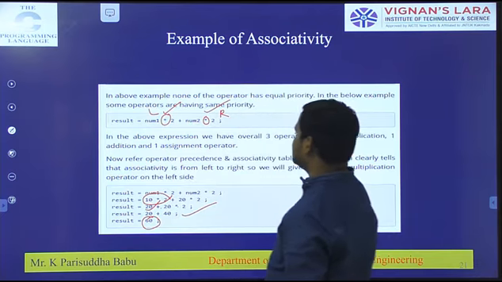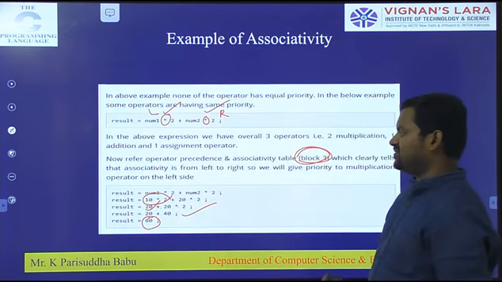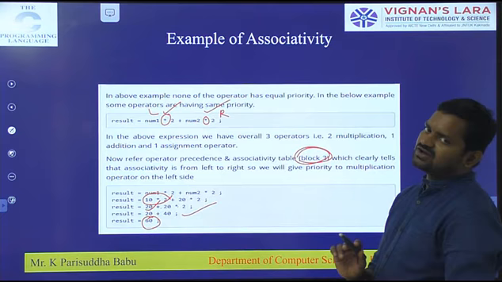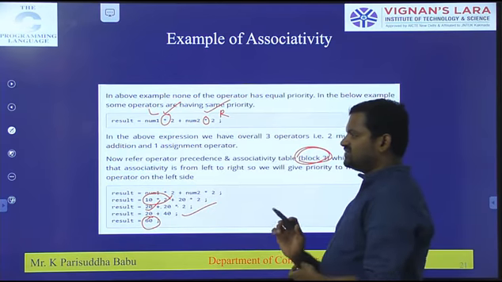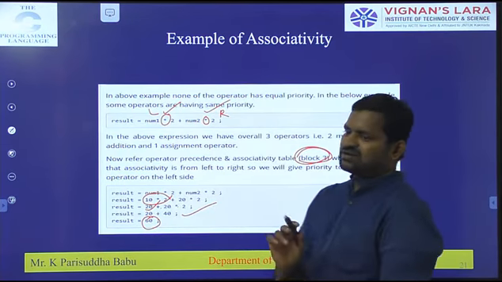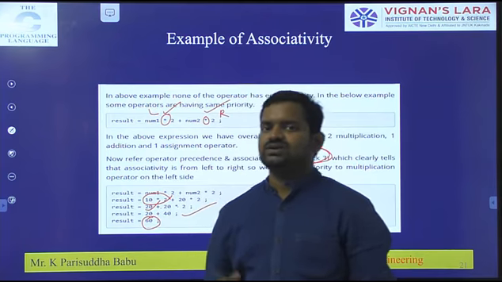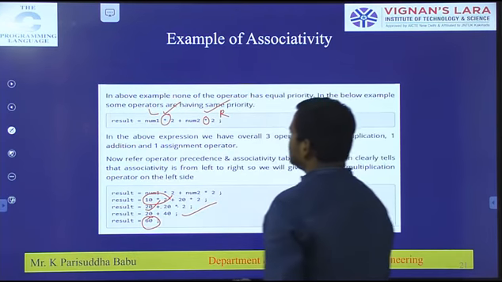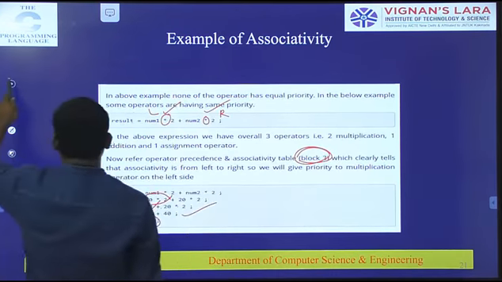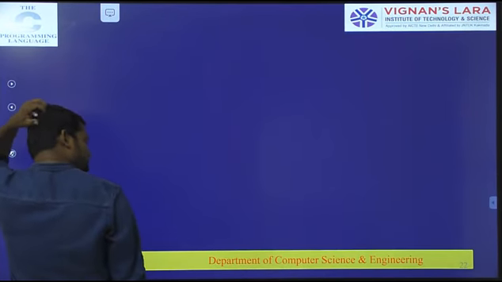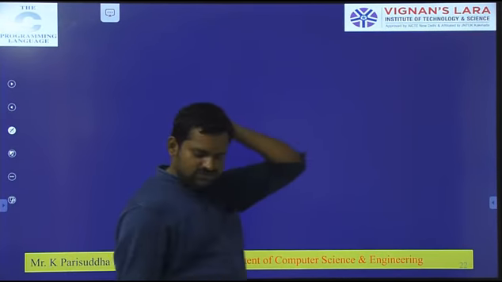Likewise, the evaluation is done with the help of priority and associativity, which is already given in the definition of the compiler. These are different examples of the associativity rules we follow.